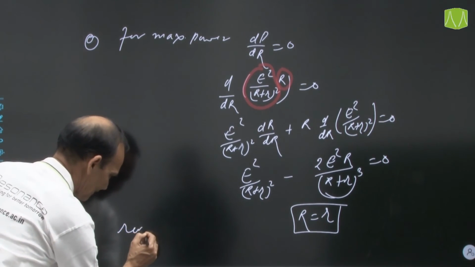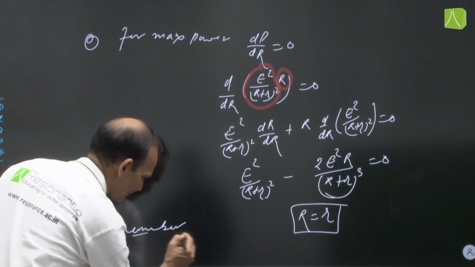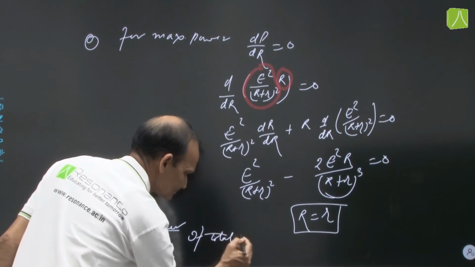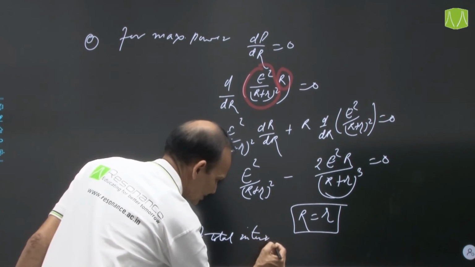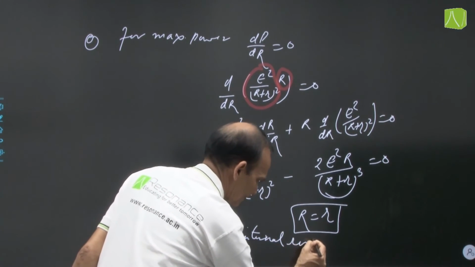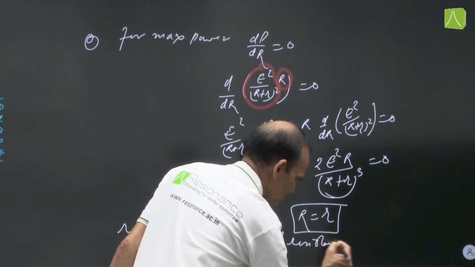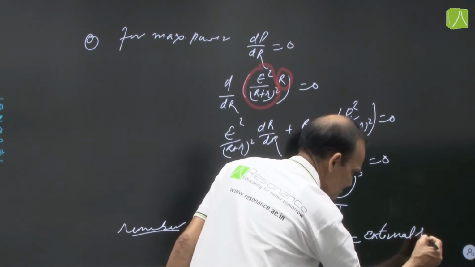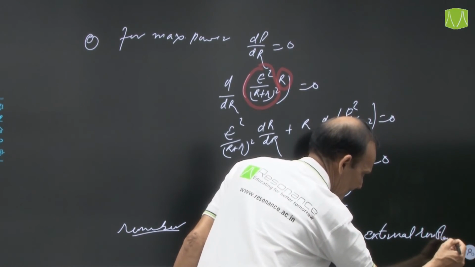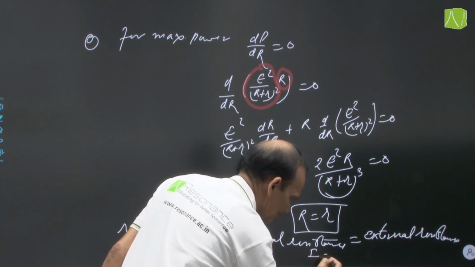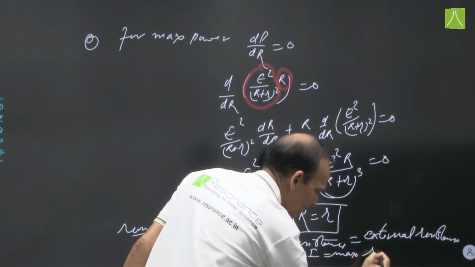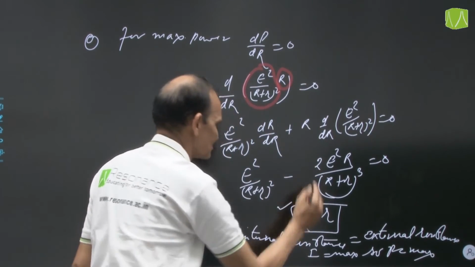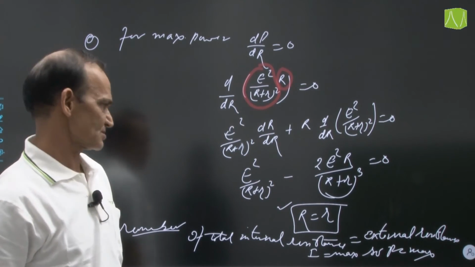Remember, if total internal resistance is equal to external resistance, then I will be maximum, so power will be maximum. So this is the relation between external resistance and internal resistance.